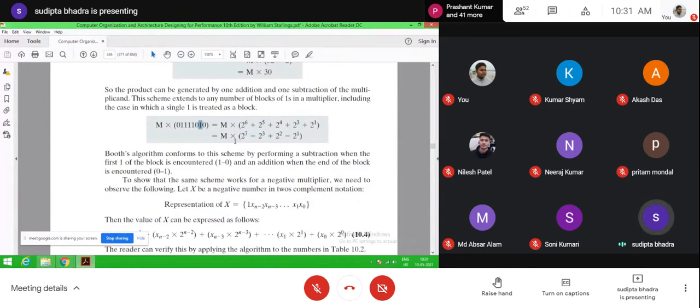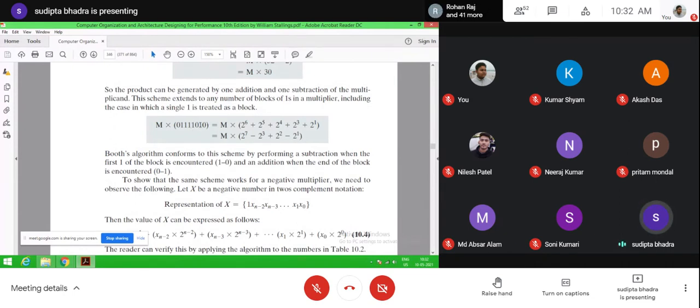So here you see that the 2 sets of ones in the multiplier are represented by one addition, one subtraction, and the other set is again one addition, one subtraction.